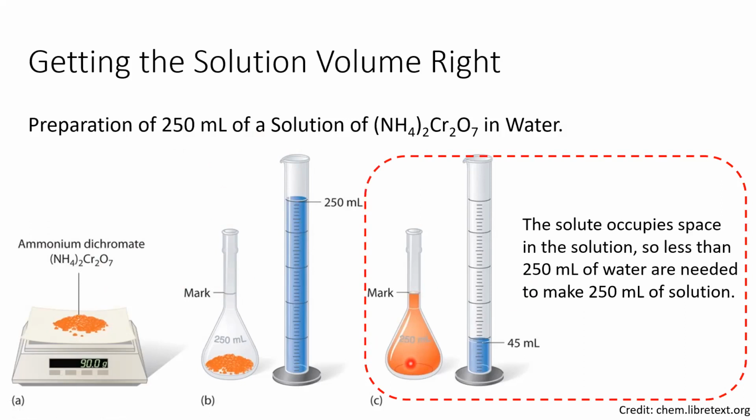And that's a big misconception about making solutions with volumetric flasks and molarities. It's the volume of the solution, not the volume of the solvent that we're using in the solution. Okay, and I kind of wanted to show that and clarify that because it's a pretty big misconception.